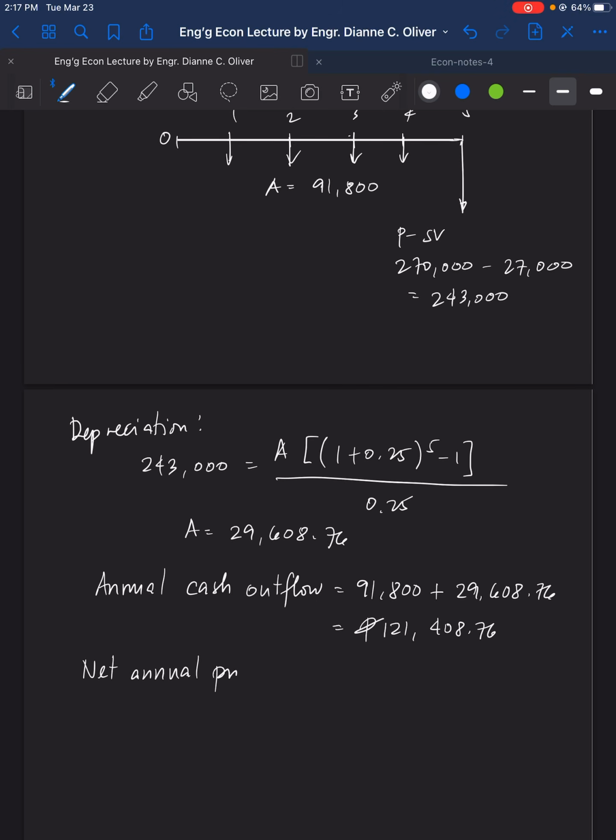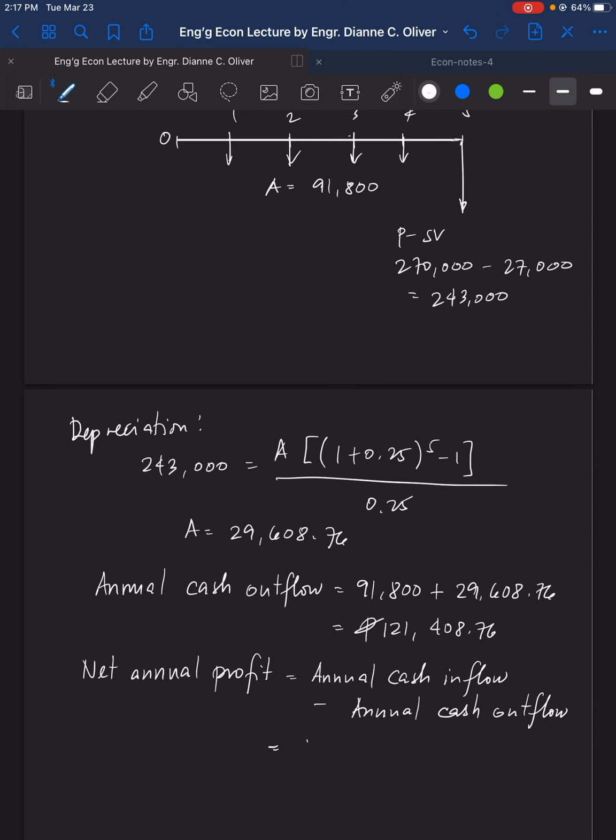So we have here net annual profit, which is equal to annual cash inflow minus the annual cash outflow.